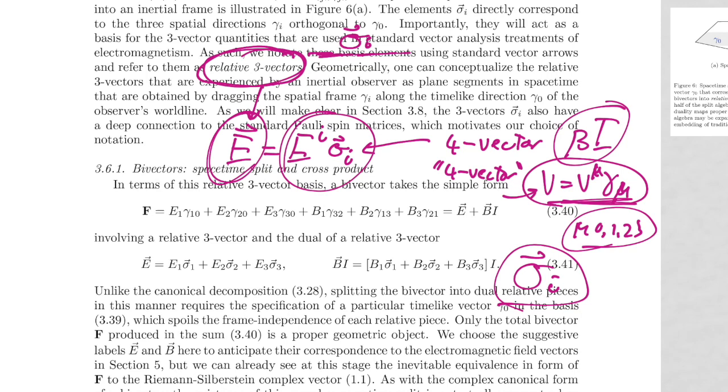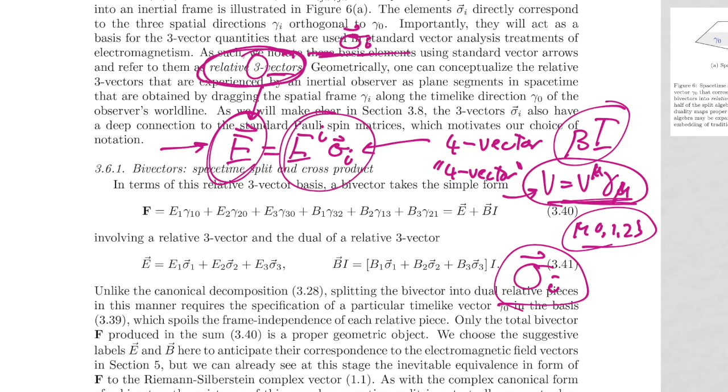But we're going to call them relative 3 vectors because, first of all, due to the split, these are coming out of a subspace of dimensionality 3. So that's where this number 3 comes from. And they're vectors in the sense that they connect to regular vectors of the standard treatment of electromagnetism, the regular vanilla 3-dimensional Gibbs-Heaviside vector analysis.